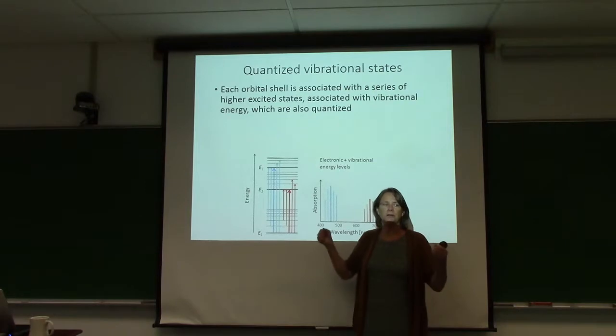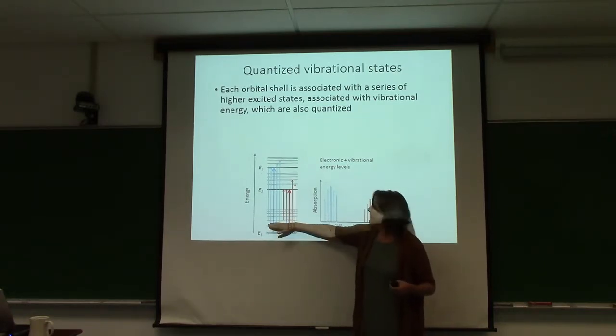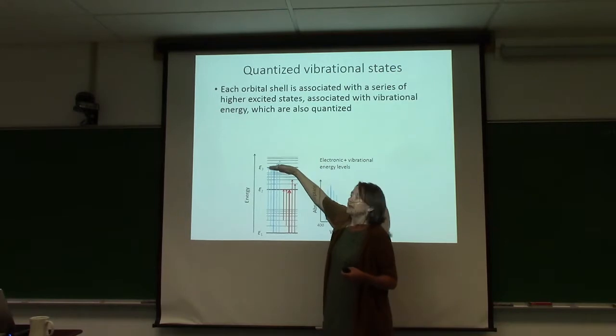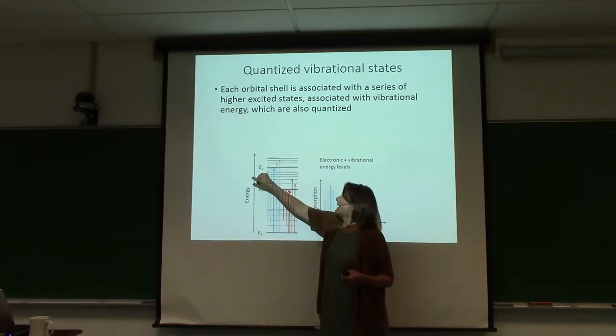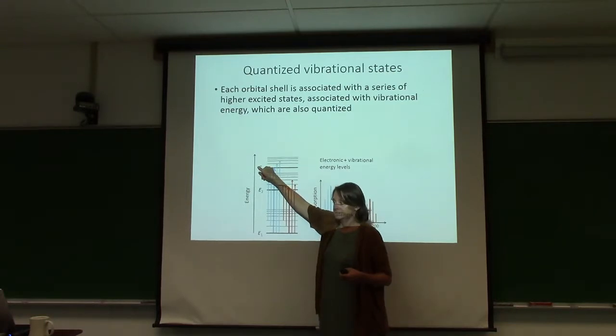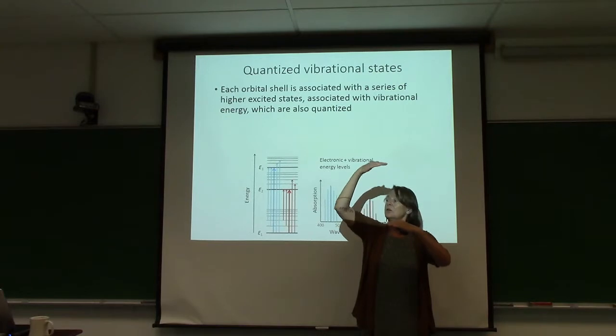So if the molecule is high energy, it's vibrating, you might find yourself in this vibrational state of the ground state, and then you could absorb potentially this much energy, or this much energy, or this much energy. Again, it's quantized. So within each electronic state, there's some vibrational quantized states.